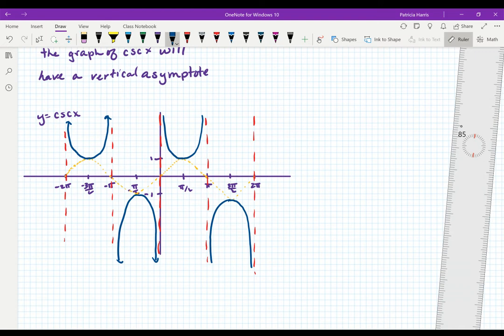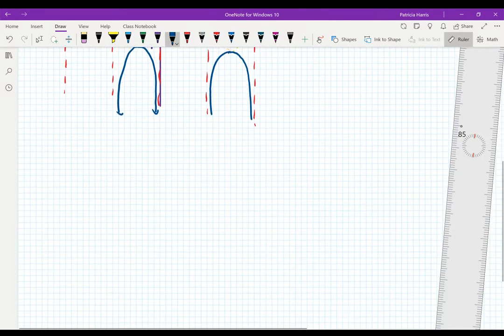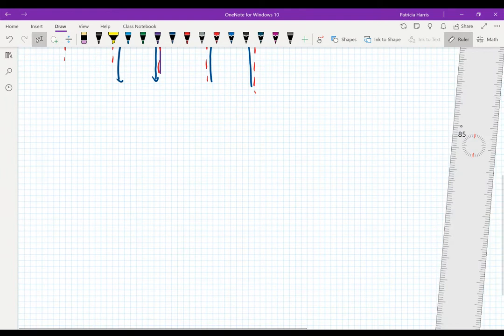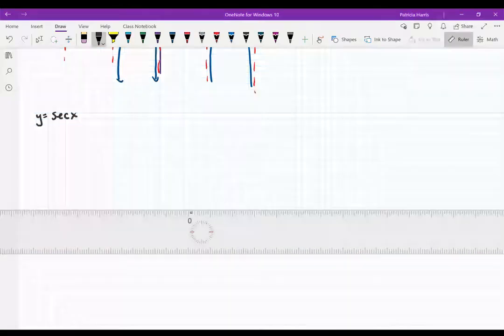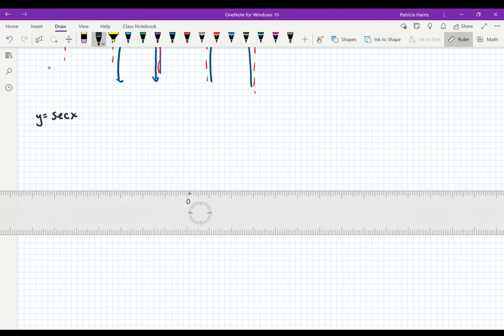Okay, so now we're going to do the same thing for secant and see what that looks like. So I'm going to need secant. Now remember, secant is the reciprocal of cosine.